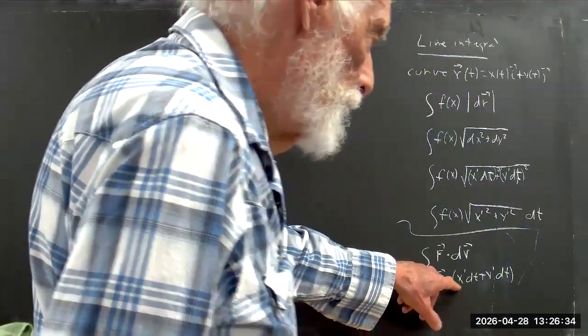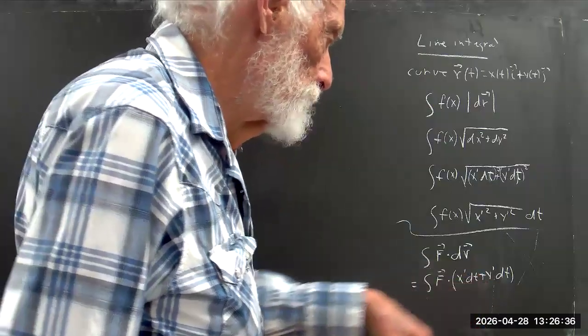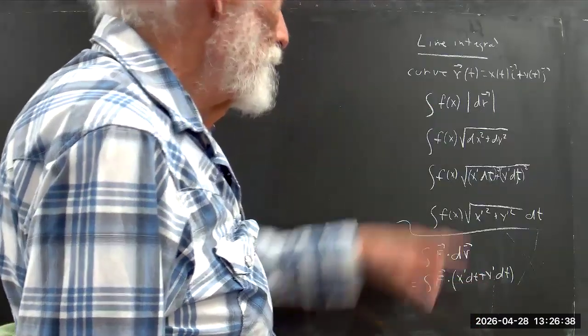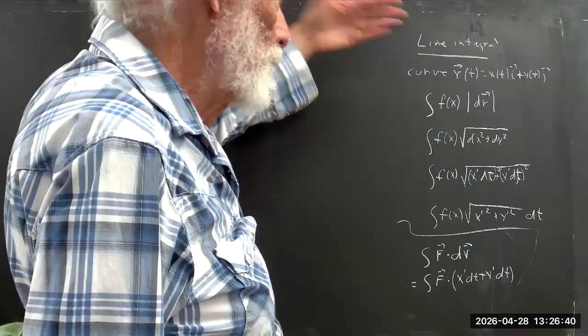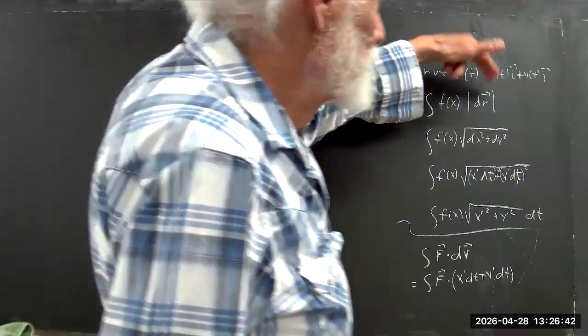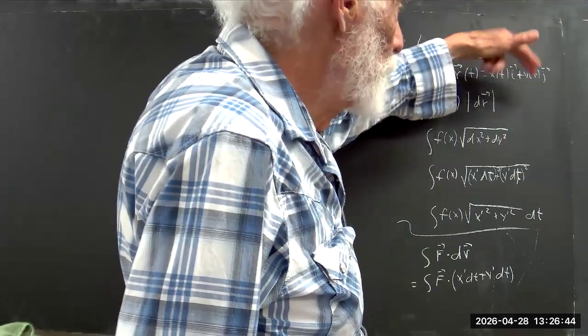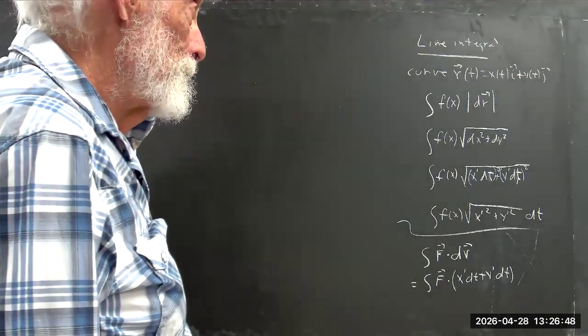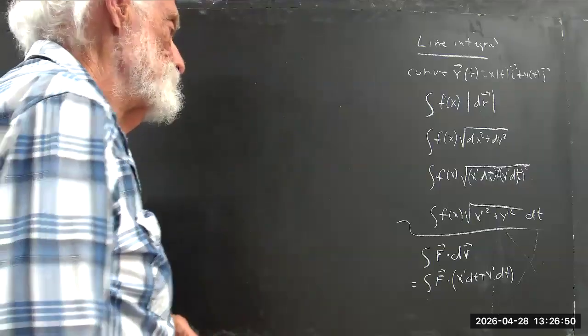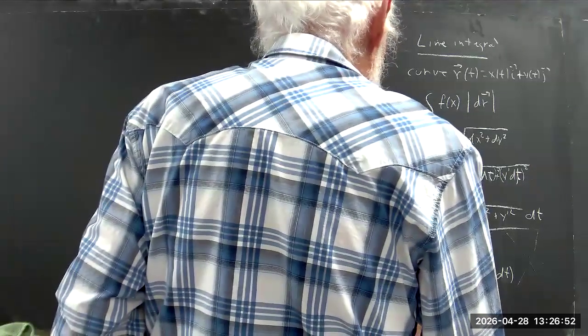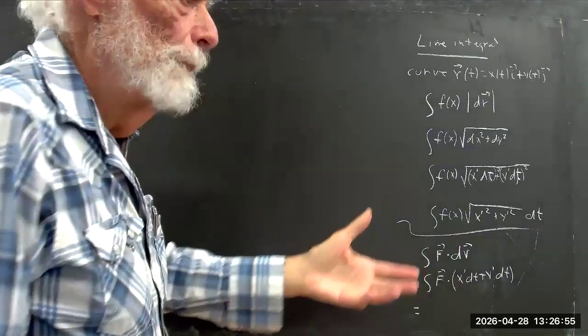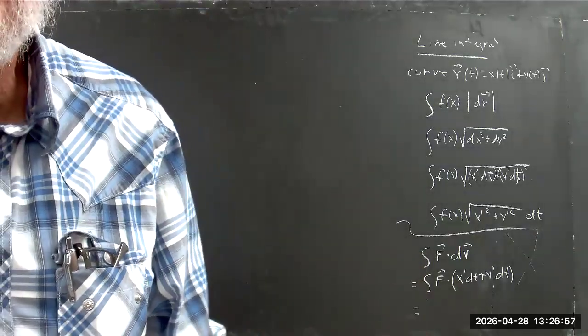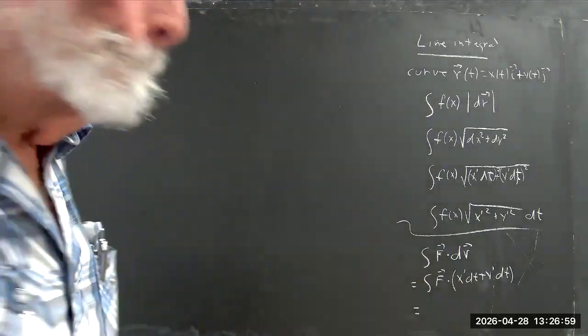That's the integral of x prime dt plus y prime dt. Okay, you know, I haven't written out the dr equals dx/dt i plus dy/dt j times dt. But you should understand that. And if you don't, email me a question or something. I'll talk about it next time if I can.